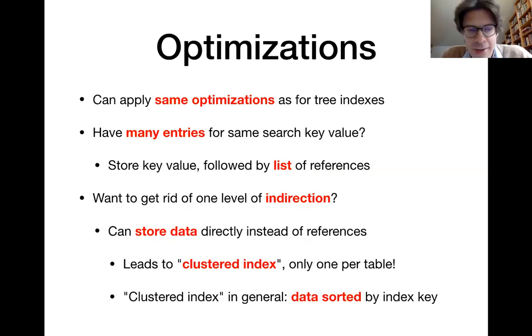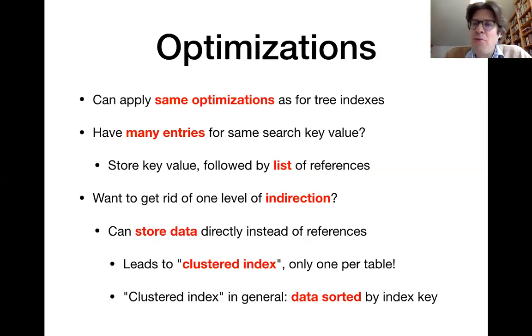Also, so far we have assumed that my data entries in the index essentially store references to the actual data. But that is not necessary. I can in principle also store the actual data directly.